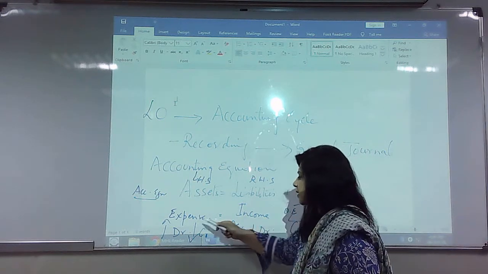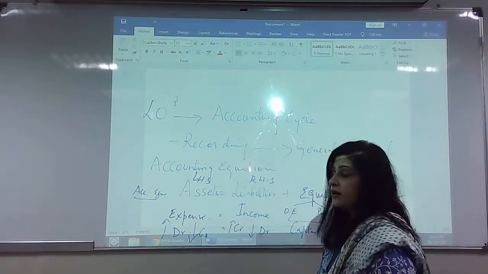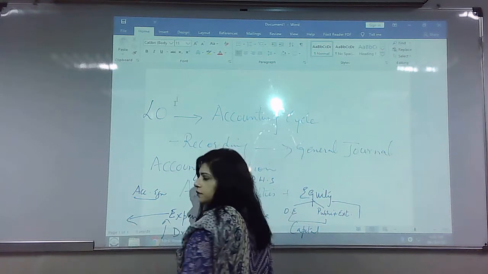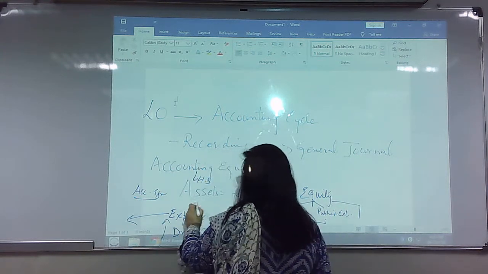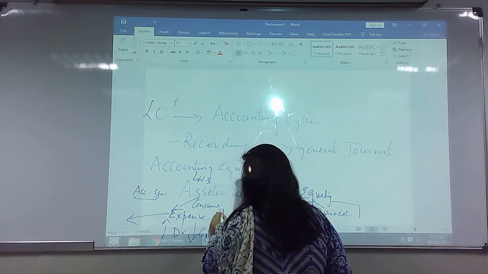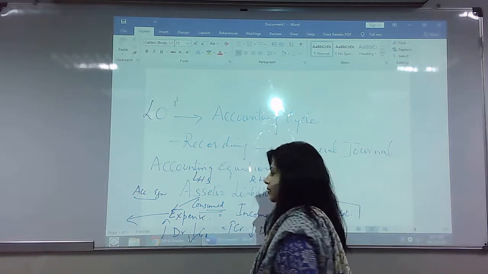Now, I have written basically that expense is equal to income. Why? Because we consider that expenses are usually consumed, sort of like assets. When they're consumed, they convert into expenses.